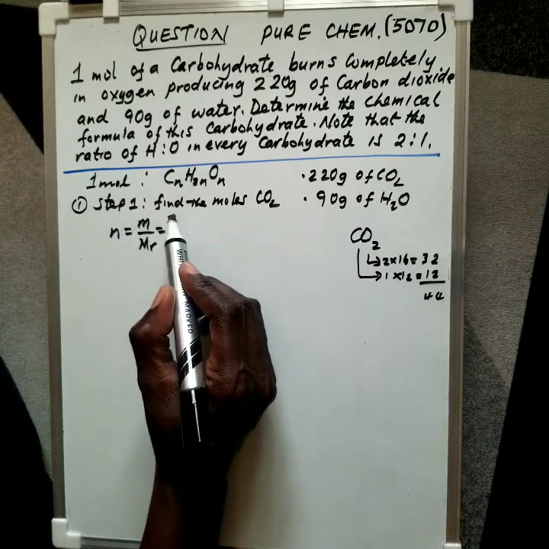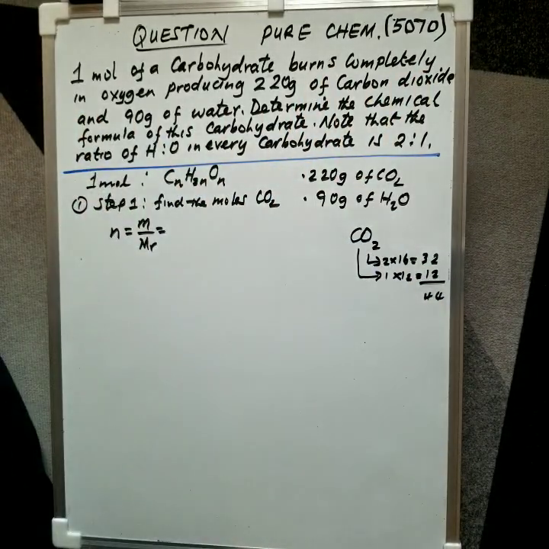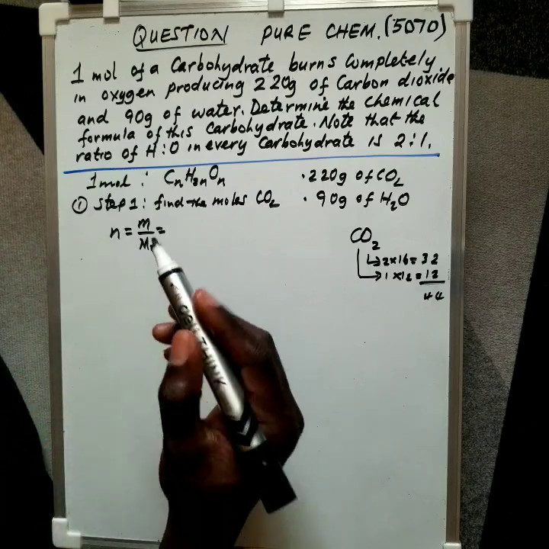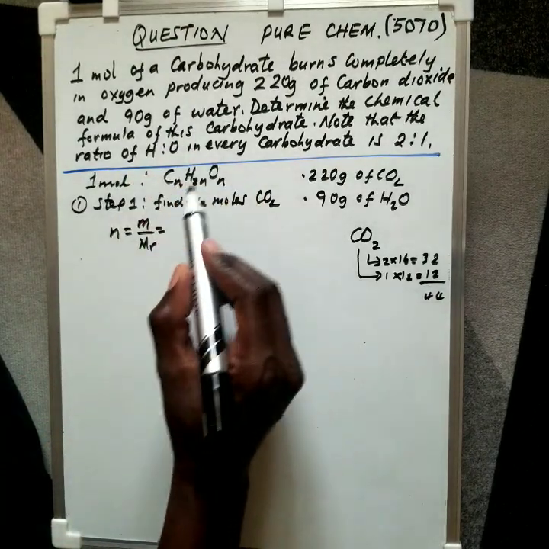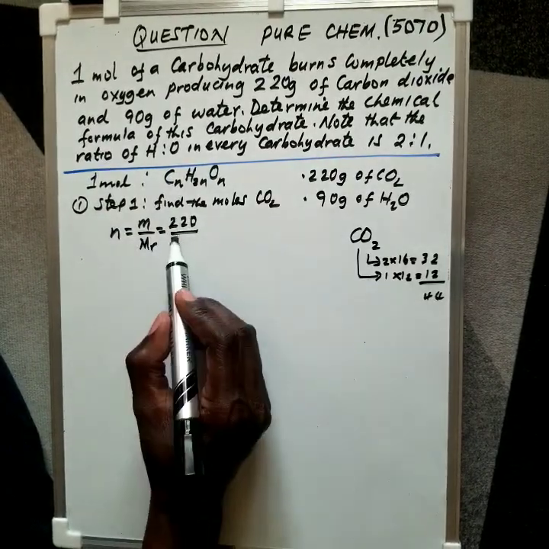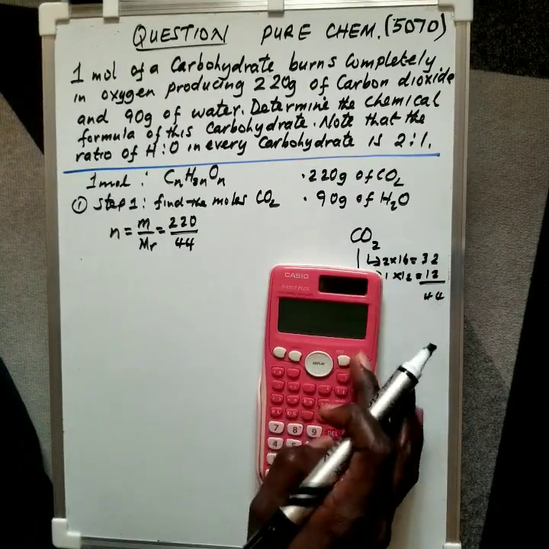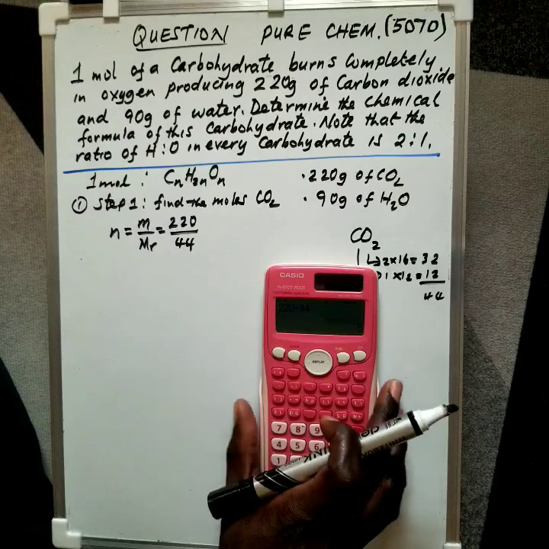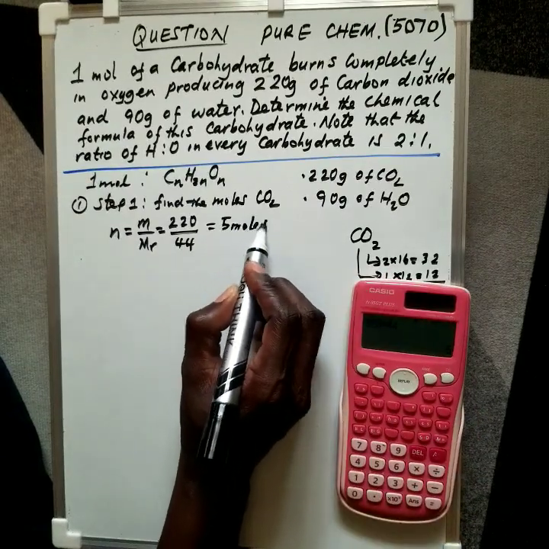So what is the mass of carbon dioxide that was produced when the carbohydrate was completely burned in oxygen? They are telling us it's 220. So we say 220 grams divided by 44, which gives us 5 moles.